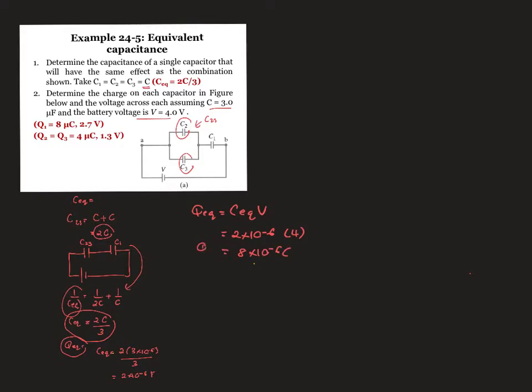Basically, this 8 microcoulomb is the charge that can move because of this potential difference of 4 volt. When you combine these, you have only one capacitance, C123, directly connected to the potential difference. So C123 has the Q equivalent of 8 microcoulomb.